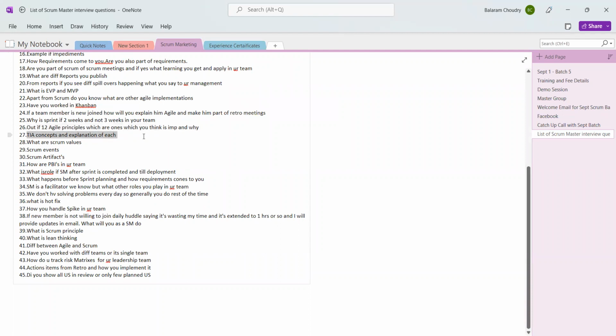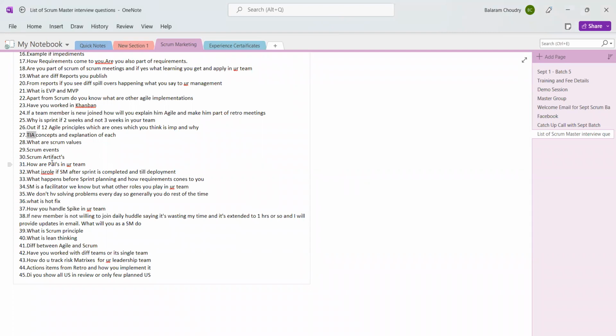Explain the TIA concepts, each of them. What is this TIA concept? Transparency, inspection, and adaptation, the pillars of empiricism, right? For example, if a team is transparent, everybody knows what is happening and what others are doing. It becomes easier for the team to work and deliver things.